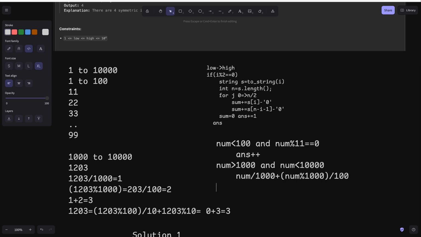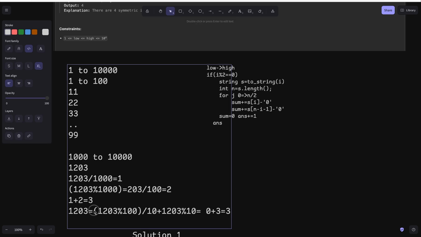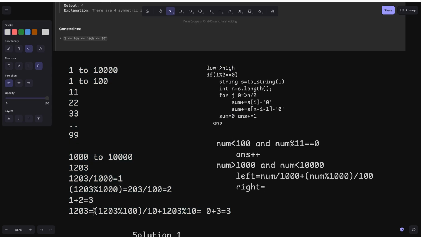And then this is our left. Let's calculate the right one. So right is this one. So this whole thing is the right part, and just replace num.